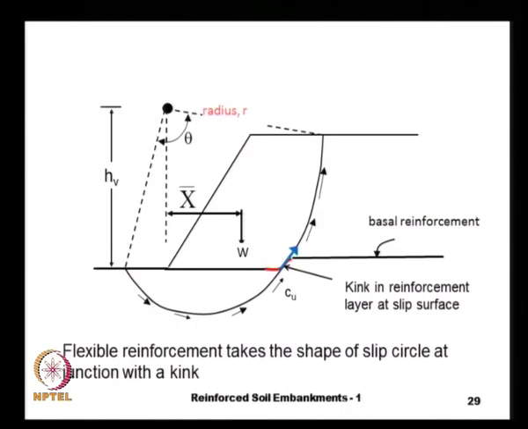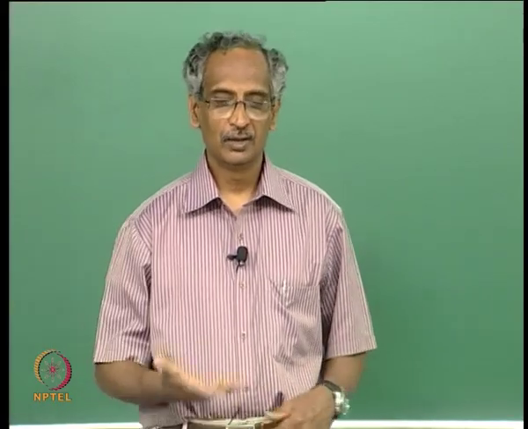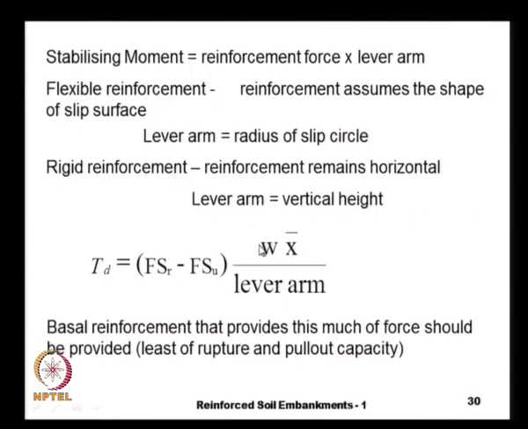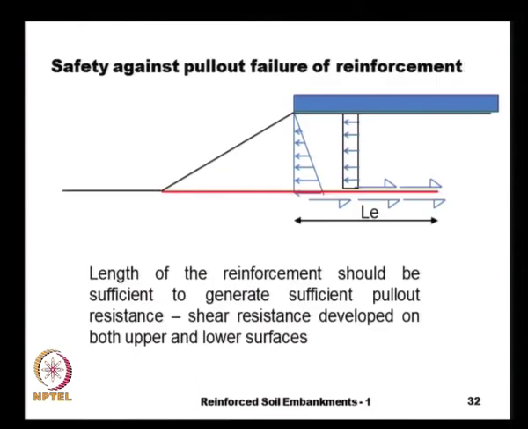And even in the earlier case, when we do this slip circle analysis, the length of the reinforcement that is generating the pull-out resistance is only the length of the reinforcement beyond the rupture surface, and the quantity of reinforcement is not only a function of the rotational stability, but also a function of the lateral sliding forces and pull-out forces.